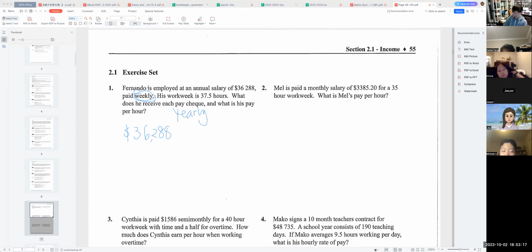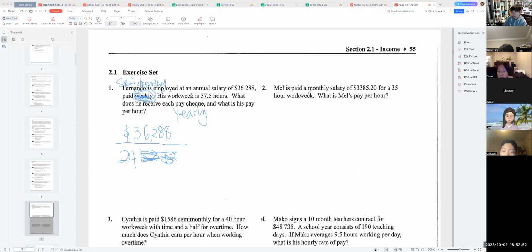If you get paid weekly, you just divide it by how many weeks in a year. If I change this one to monthly, then you divide it by 12, because there are 12 months in a year. If I say semi-monthly, 就问你有多少个半个月，那一年一共有多少半个月？24 半个月。Understand? So you just calculate how many of these units are inside 1 year, and divide. Okay, Emma, understand? Yes.